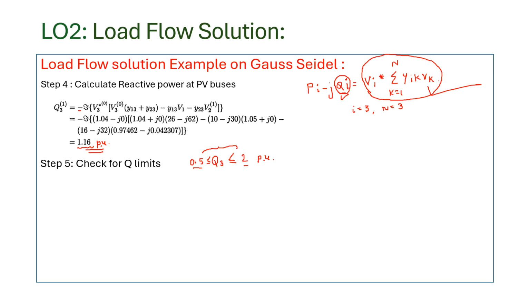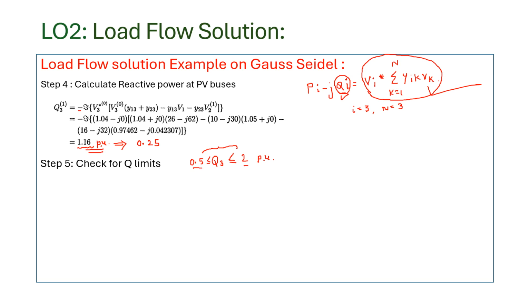This is one case. Another case: suppose the value of Q comes out to be something like 0.25. You can see it is less than the minimum value, that is 0.5.